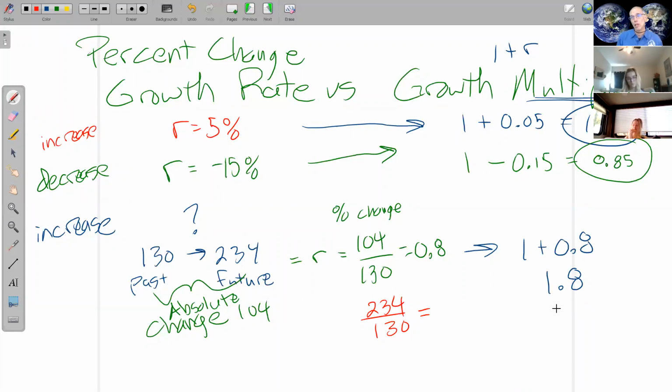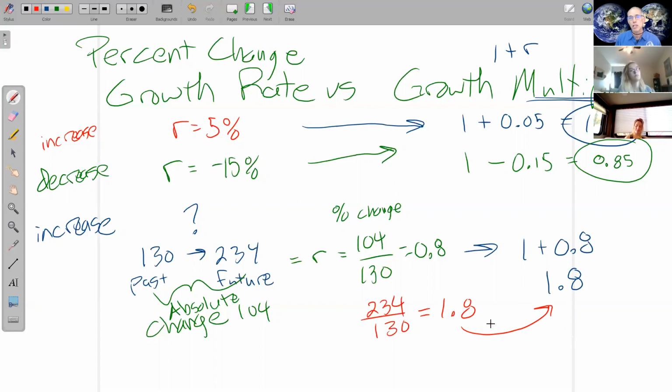The growth multiplier, it turns out, is always the new amount divided by the old amount. Now, how many years or days go by in between kind of matters too, but here this is 1 year, let's say, or 1 month or 1 day. So that is the 1.8, same thing I have up here.